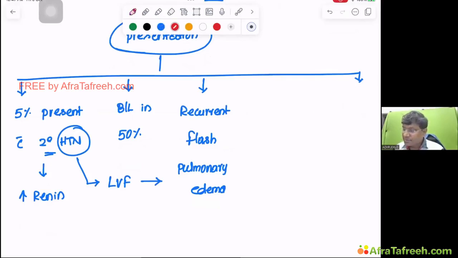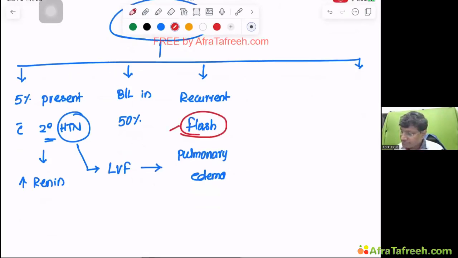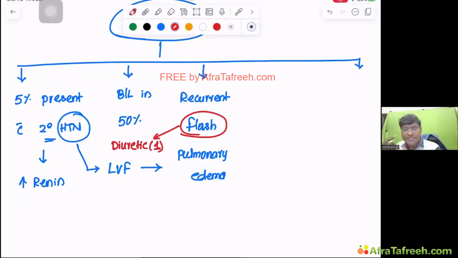This pulmonary edema is cleared with one dose of diuretic. If the pulmonary edema is cleared with one dose of diuretic, that is called flash pulmonary edema.